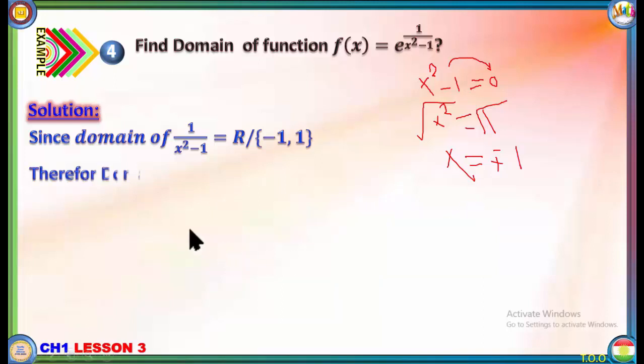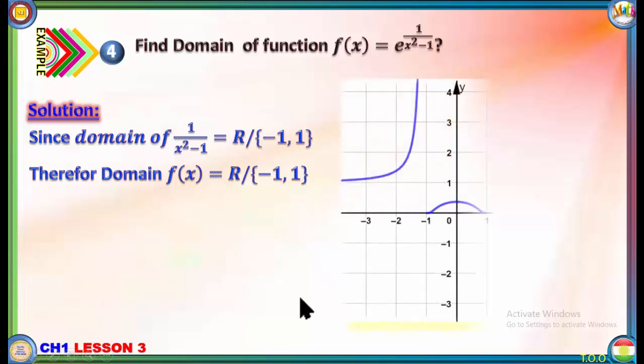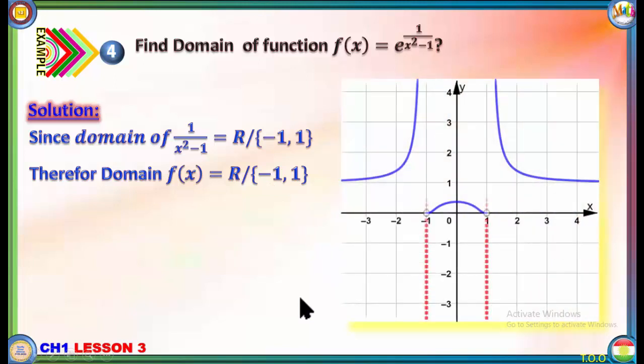Therefore, the domain of the function f(x) equals e to the power 1 over x squared minus 1 is all real numbers except -1 and 1.